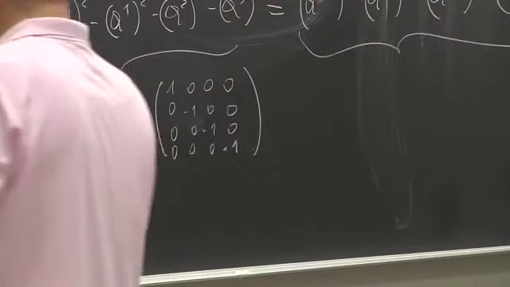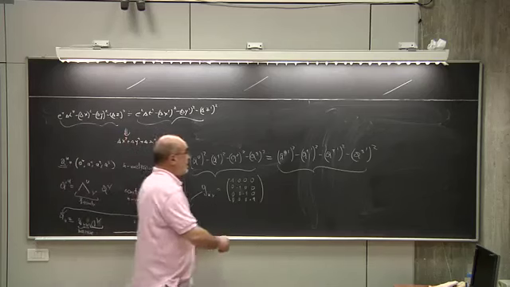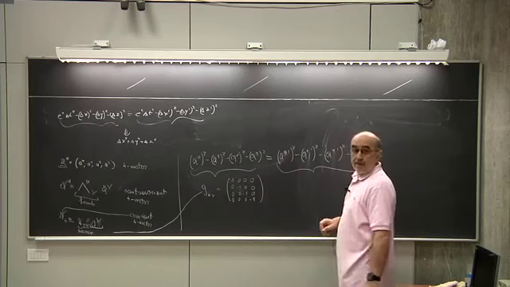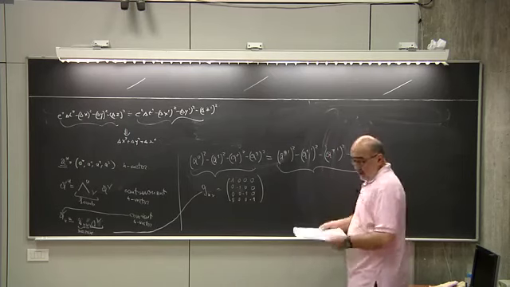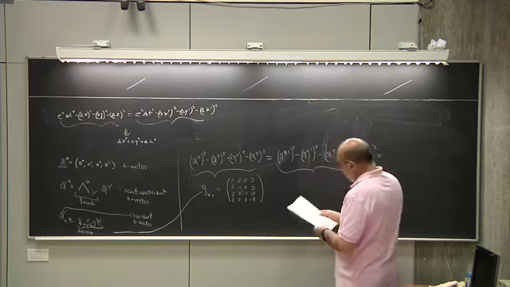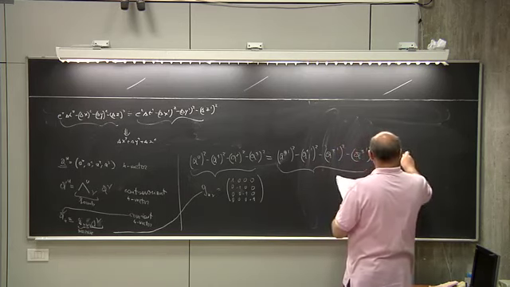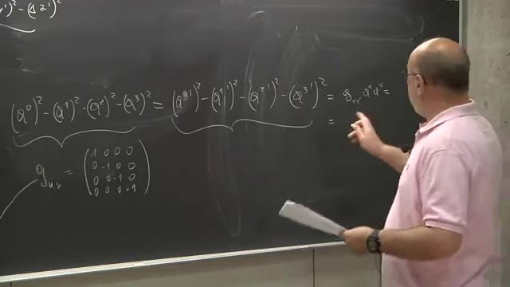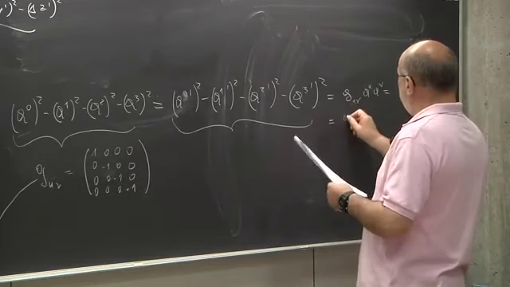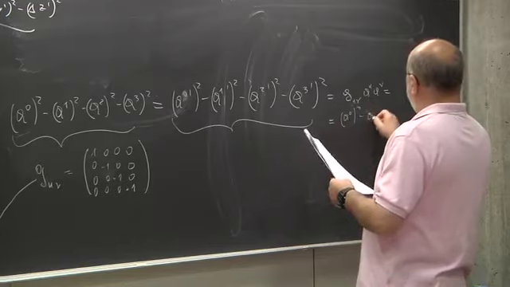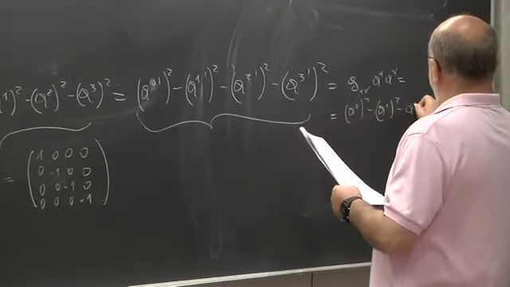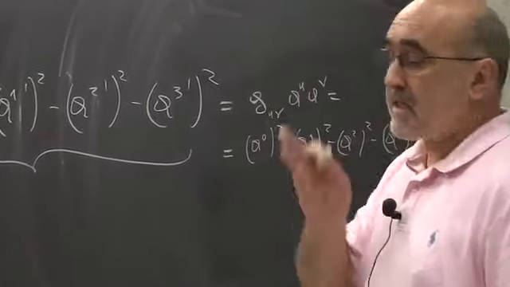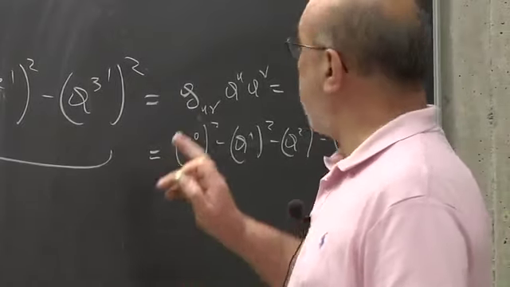Okay, so this is the 4-metric, and now you see this object, the 4-vector, can be written in a very compact way as g_{μν} a^μ a^ν. Okay? Because basically this is 1, -1, -1, -1, so you have a0 squared minus a1 squared minus a2 squared minus a3 squared. When the indices are repeated, it means the Einstein convention: they are summed.